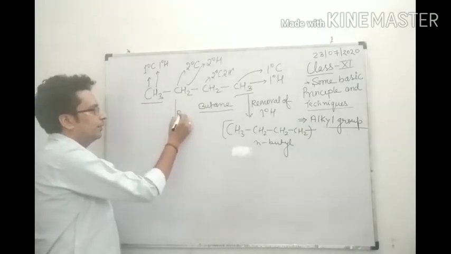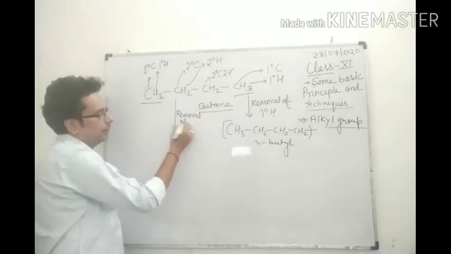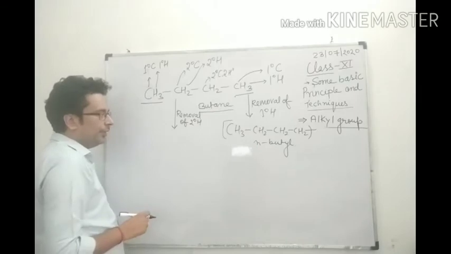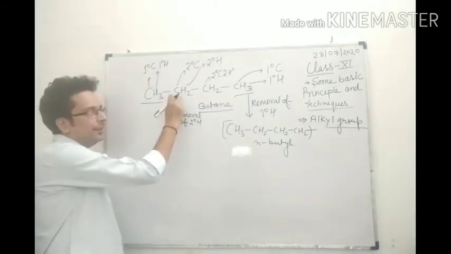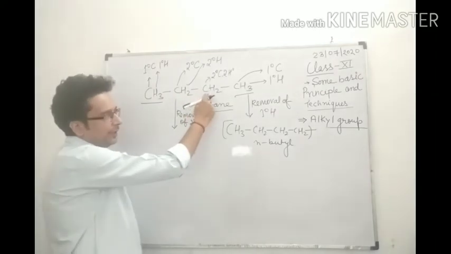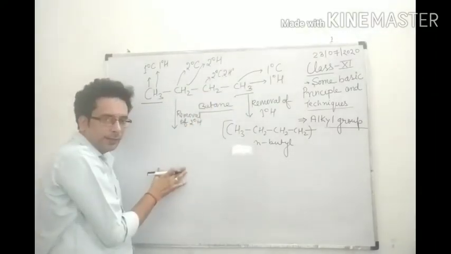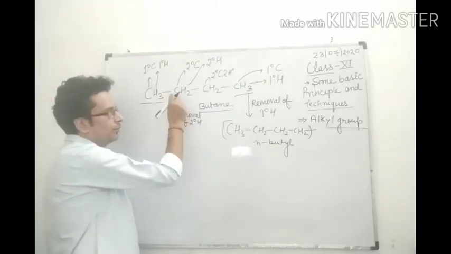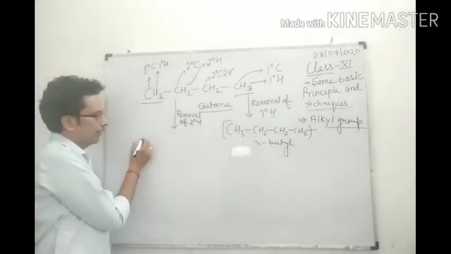Removal of 2 degree hydrogen. So 2 degree hydrogen is removed from secondary carbon. This is the secondary carbon and this is also secondary carbon. So if you remove hydrogen from this carbon or this carbon, the result is identical.